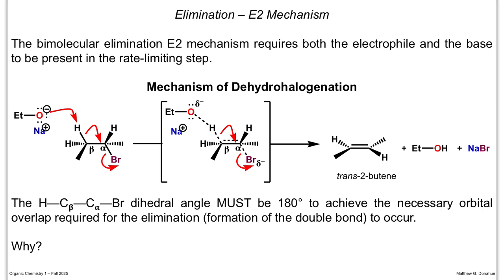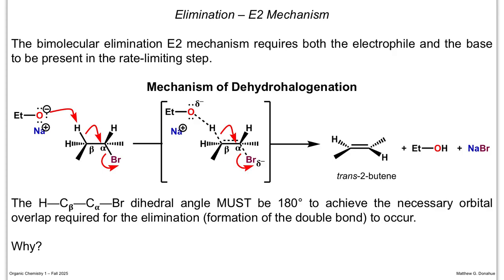So the thing here is this H, beta carbon, alpha carbon, bromine, those now lie in a plane. And so the two carbons in that plane are going to form the double bond. So the reason they have to be, if we look at the Newman projection, that 180-degree dihedral: we have a carbon-bromine sigma bond.